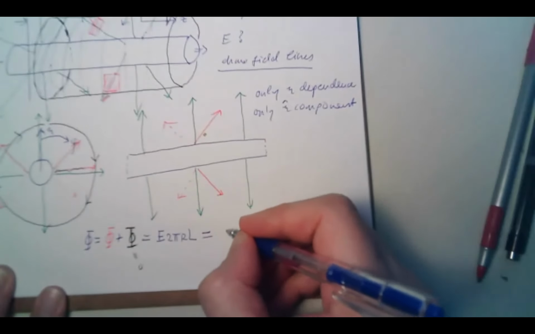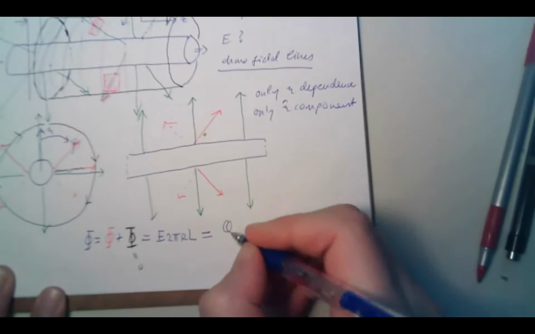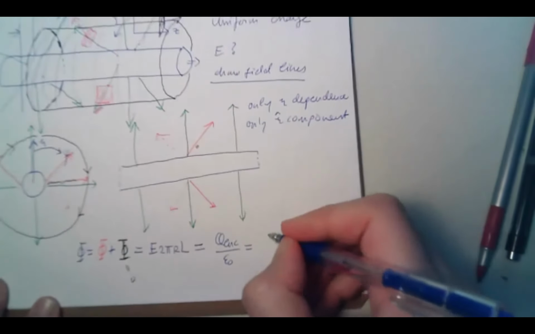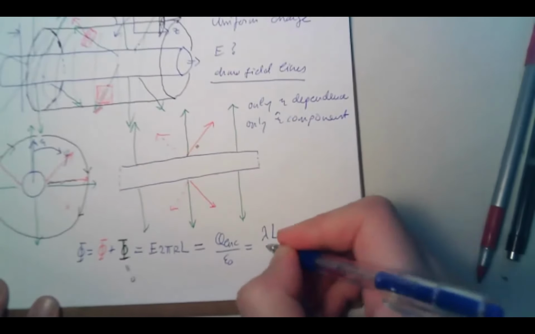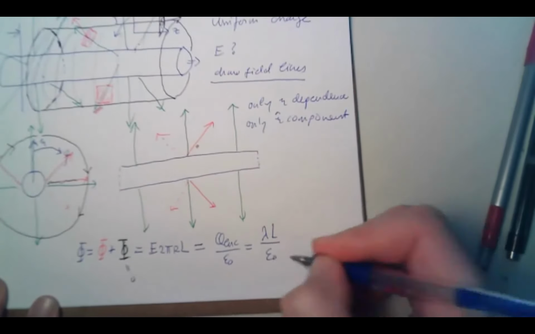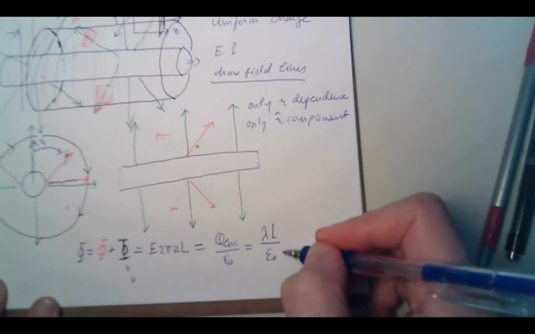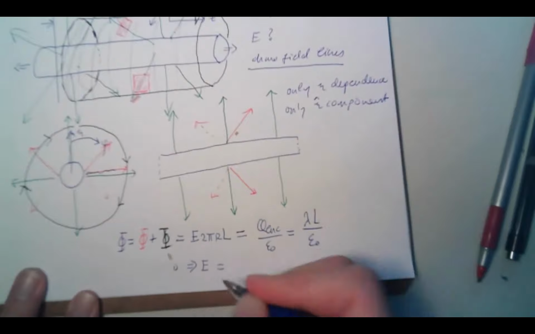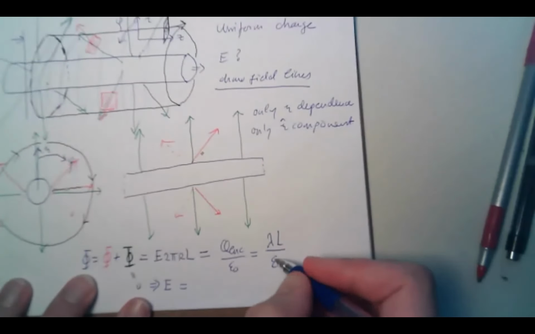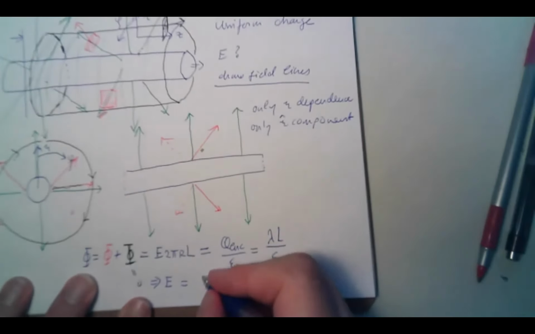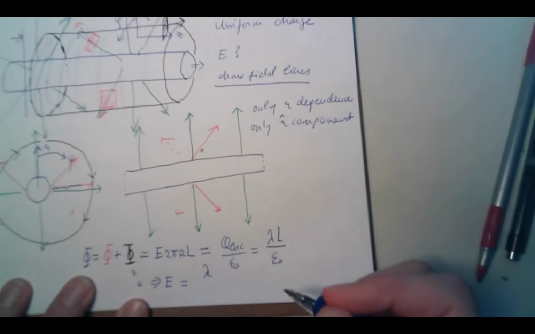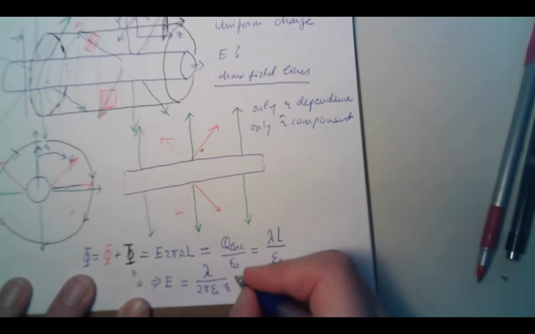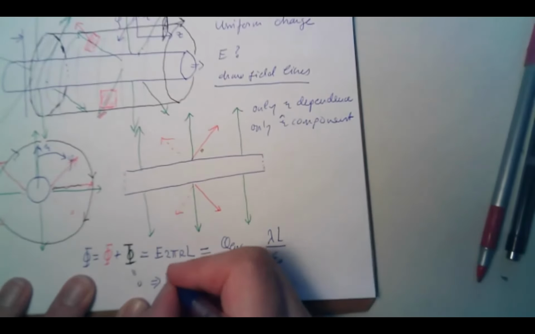So the enclosed charge, Q enclosed over epsilon naught. The enclosed charge is lambda times L, and then the rest is Gauss's law at work. So therefore, the electric field is lambda over 2 pi epsilon naught R, and it's in the R hat direction. That's important.